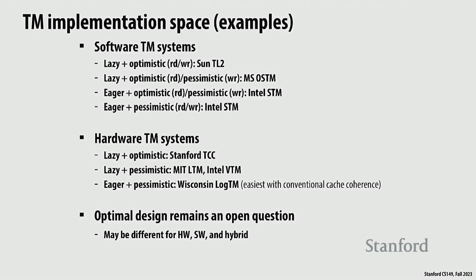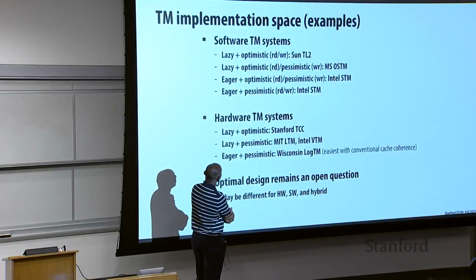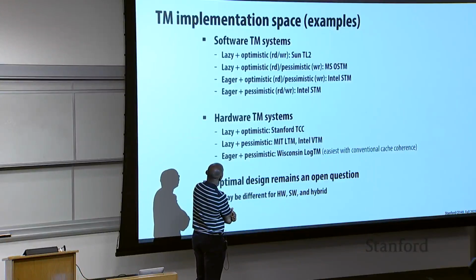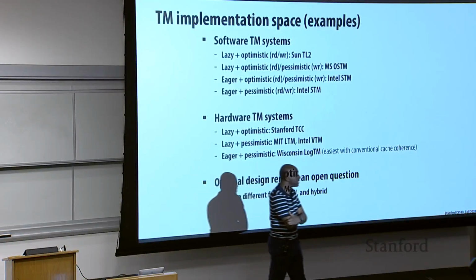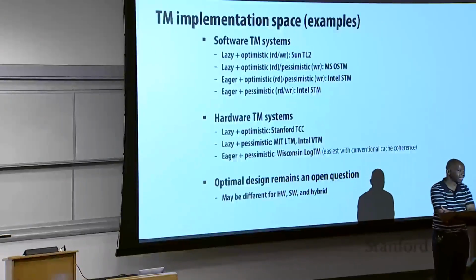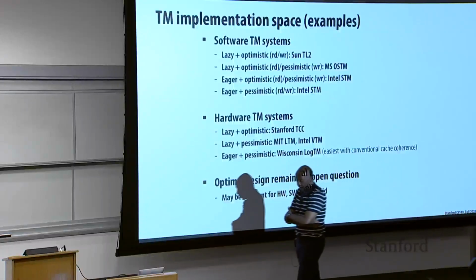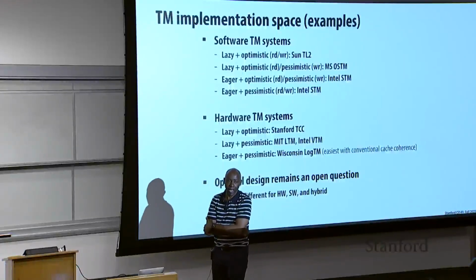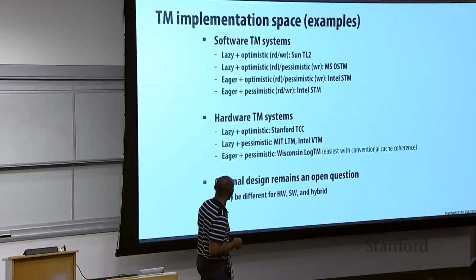So you can have lazy optimistic, you can have eager optimistic, eager pessimistic. As we've already discussed, eager optimistic doesn't work out too well, right? Because at the point at which you detect that there is a conflict, you may have already modified the memory in ways that are difficult to recover from.